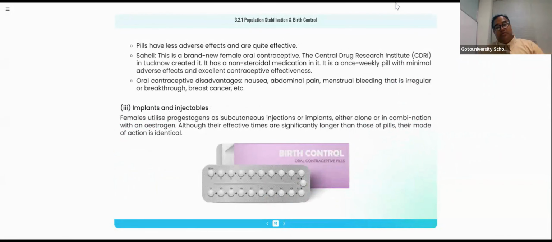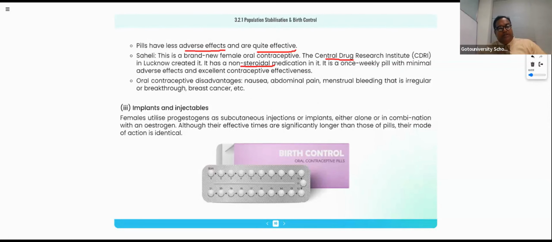Now, the pills have less adverse effect and are quite effective. That means designed to have fewer side effects. You know very well in our UP, Lucknow has a beautiful central government institute, the Central Drug Research Institute. That institute is offering non-steroidal medication as well, which will not create many complications or side effects.